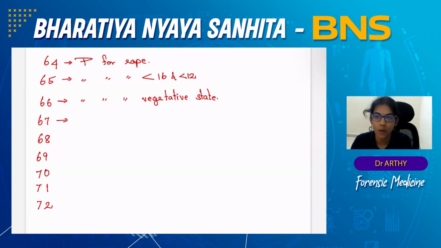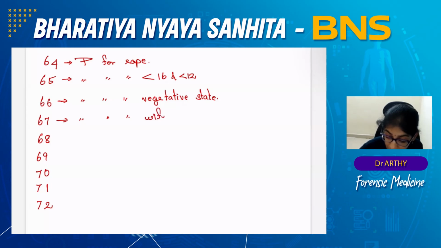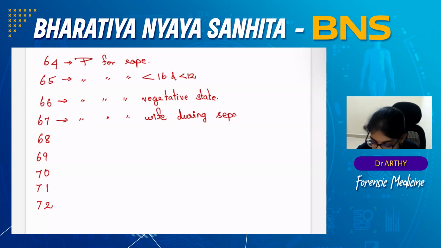Next we came into wife, right? So punishment for rape of wife, punishment of rape of wife during separation. Next, what was the wife?